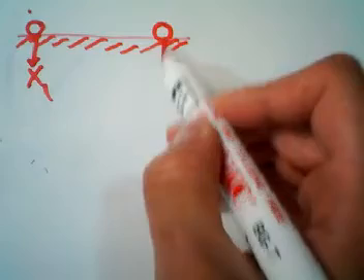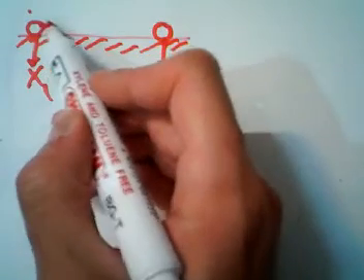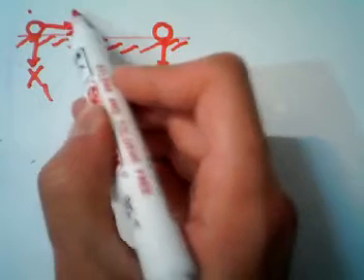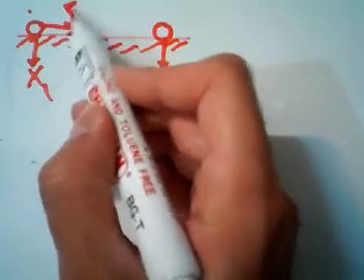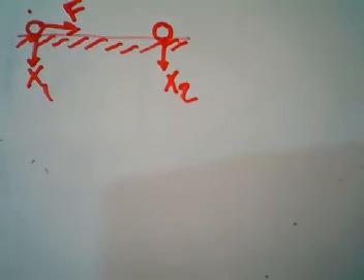This is x1 and here's x2, and a force applying on it, a constant force F applying on it during its travel.